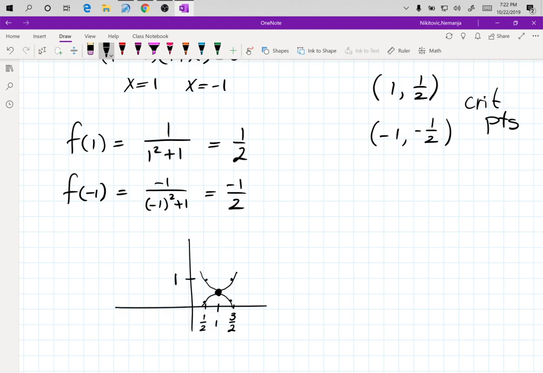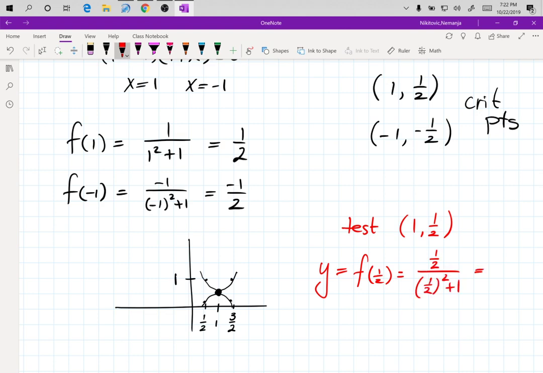So what I'm going to do is to test 1/2. I'm going to compute the y value at 1/2, and that's going to be (1/2) divided by ((1/2) squared plus 1). So that's going to be 1/2 divided by 5/4. And then these guys will cancel, so 2/5, right?